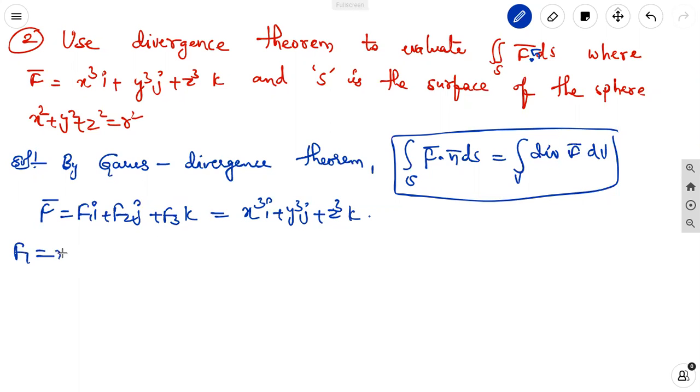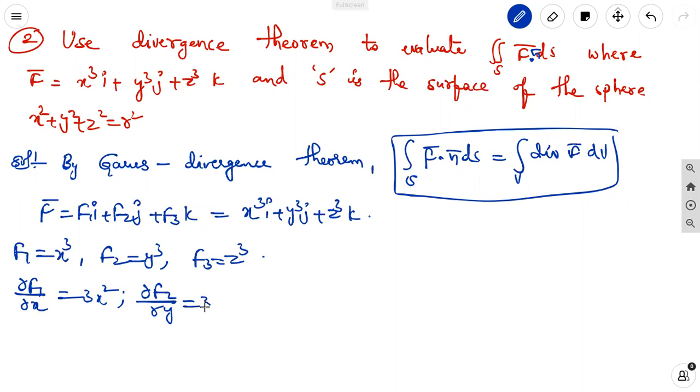Here f1 equal to x cube, f2 equal to y cube, f3 equal to z cube. Okay, f1 is differentiating with respect to x, 3x square. F2 is differentiating with respect to y, 3y square. F3 is differentiating with respect to z, 3z square.